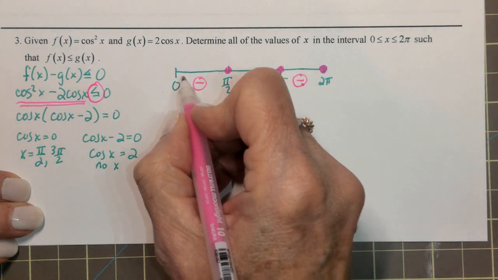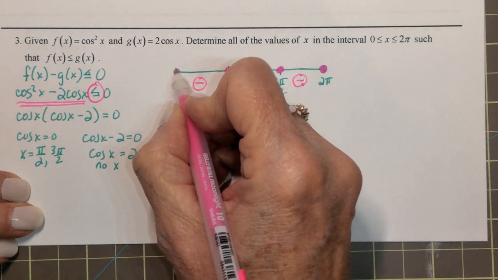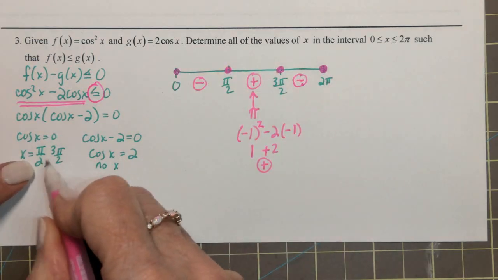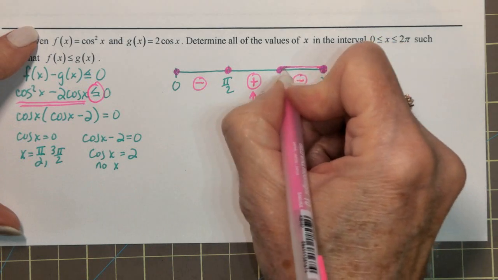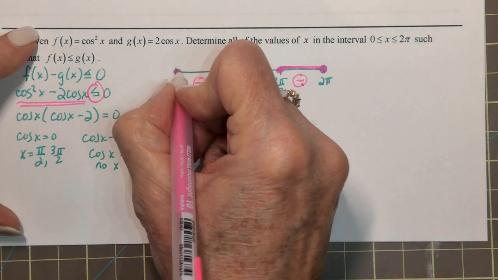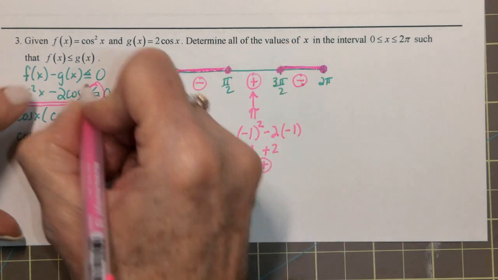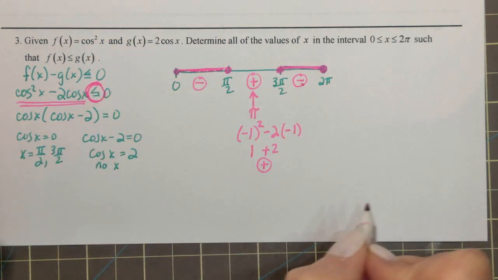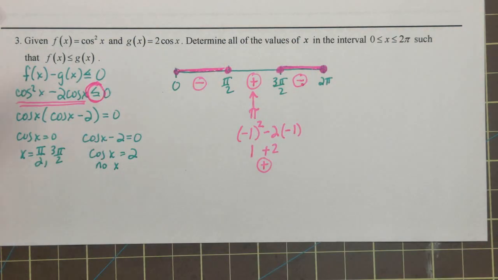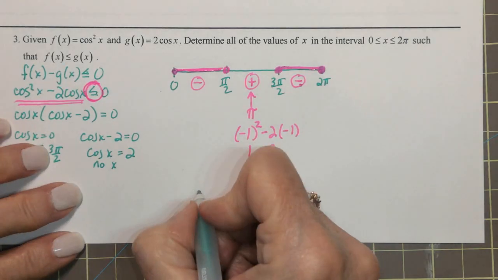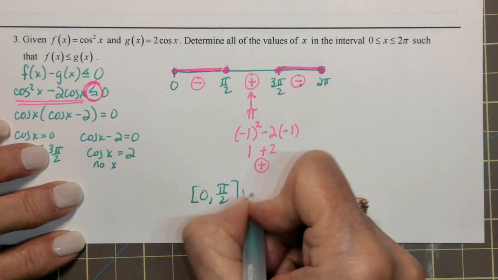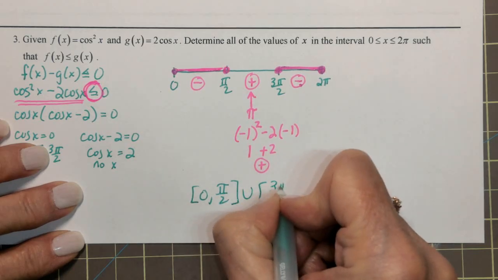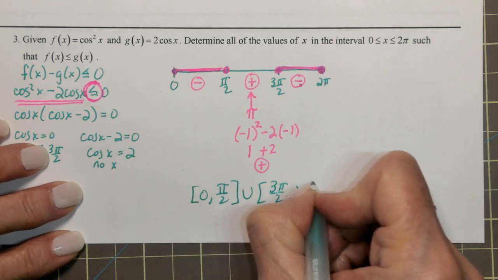Negative here means it will be negative at 0. Because 0 and 2 pi were not where it was equal to 0. So I want this interval and I want this interval because of this sign right here, less than or equal to 0. So my interval answers will be 0 to pi over 2, including both, union with 3 pi over 2 to 2 pi.